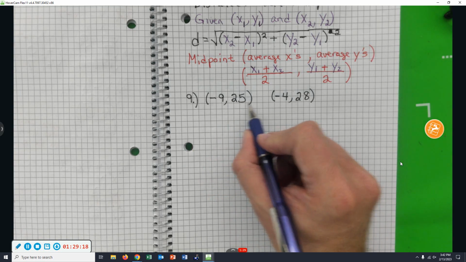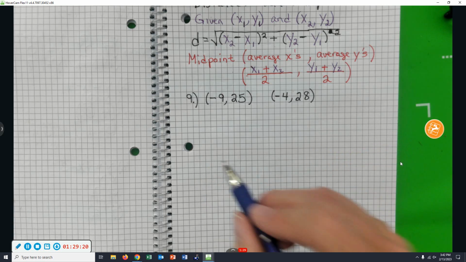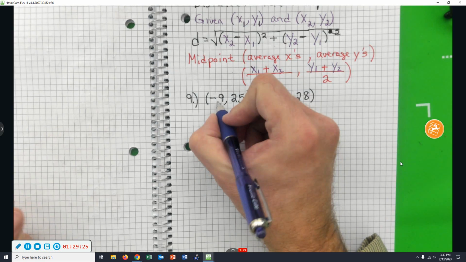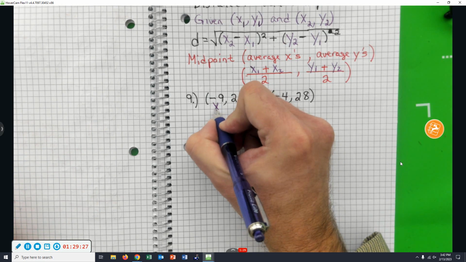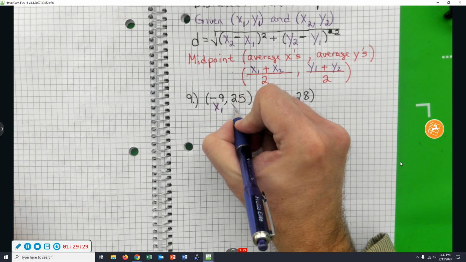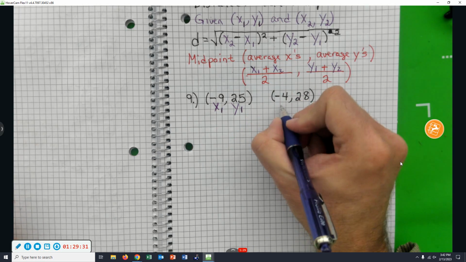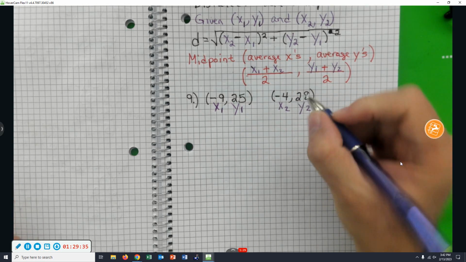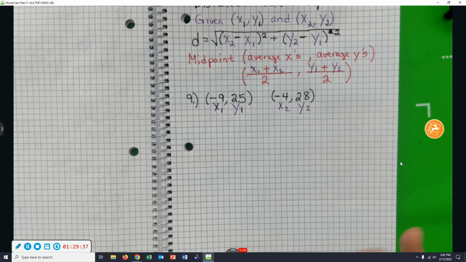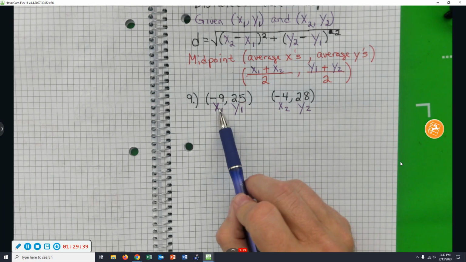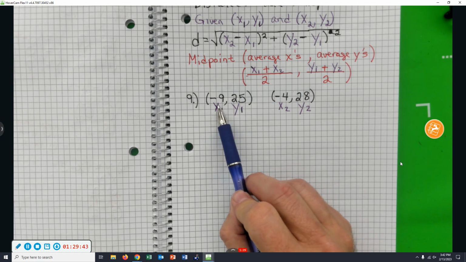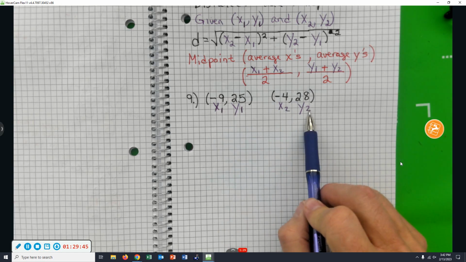I like to label each ordered pair: x1, y1, x2, y2. Make sure you're labeling them correctly: first x, first y, second x, second y. A common mistake students will make is they'll go x1, x2. No. Ordered pairs are xy, xy.